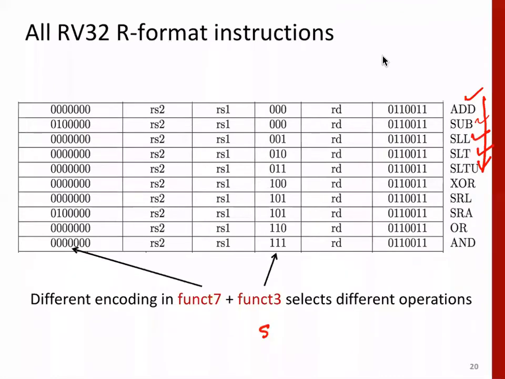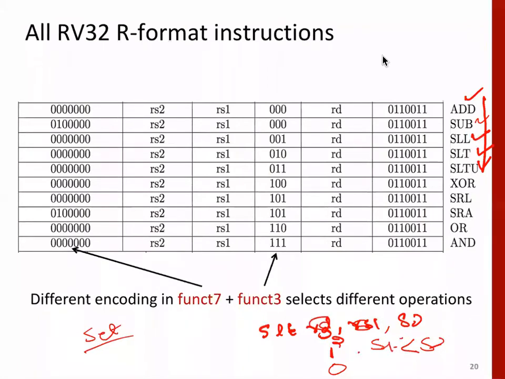If you have SLT, say register RD, RS, say S1, S2, S3. If S1 is less than S2, then set 1 in S3. So S3 becomes 1. If it is equal to or greater than, this becomes 0. This is set 1.